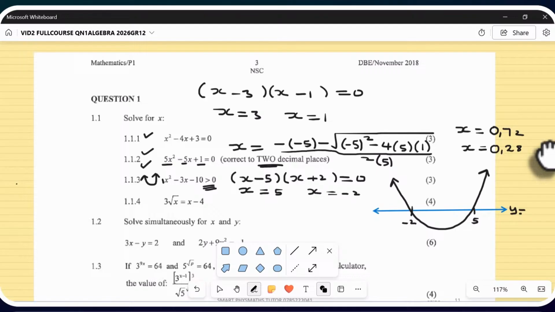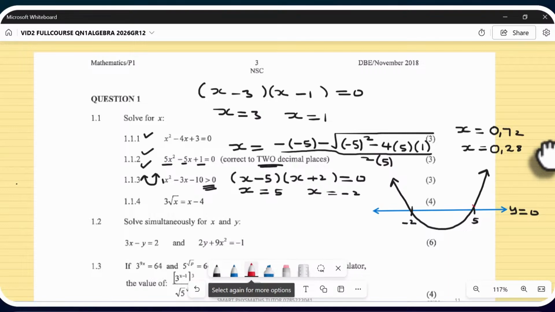So the two portions, this one and this other one here, the corresponding x values are these ones here. That means bigger than 5, less than negative 2. So our answer is going to be x greater than 5, or x less than negative 2. I hope we are together.